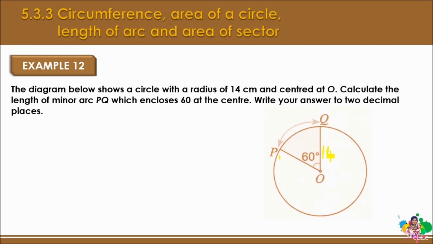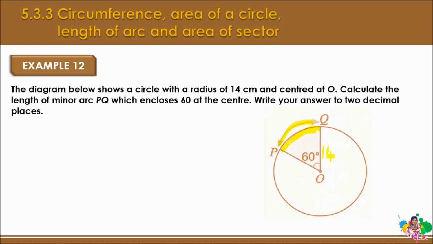Calculate the length of minor arc. This one is the minor arc. So this one is the minor arc PQ, which encloses 60 degrees at the center. Given theta is 60 degrees, write your answer to 2 decimal places.